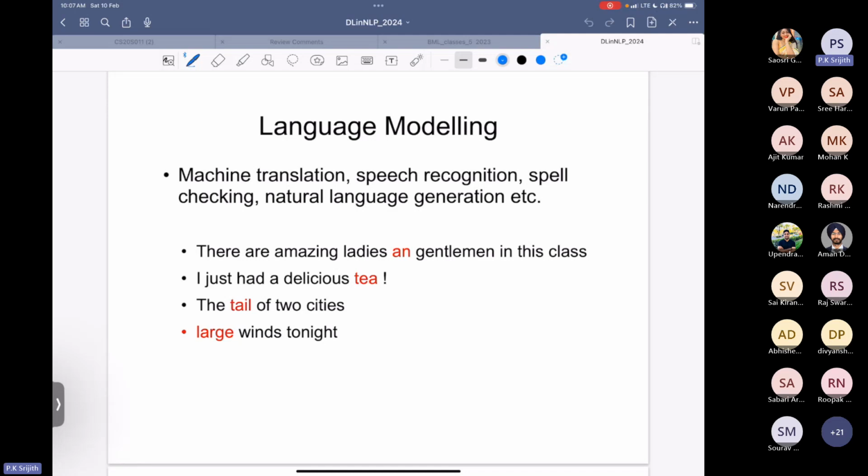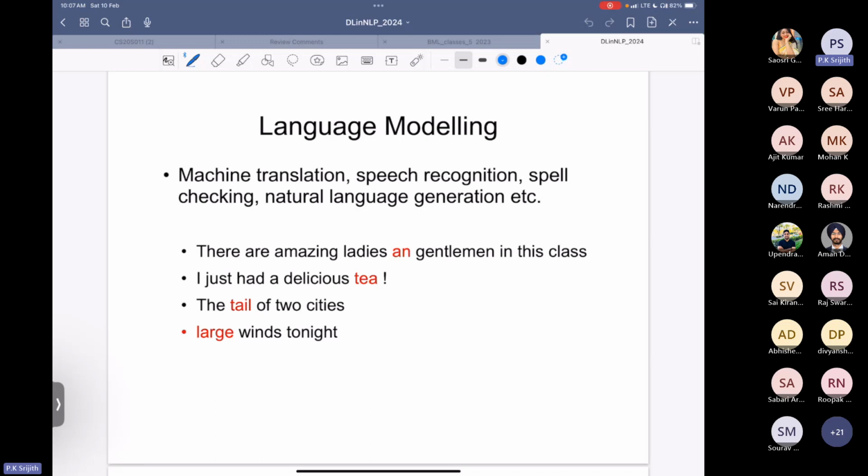That is basically language modeling. And language modeling is important for several tasks in NLP, not only for simply generating language, but also in tasks such as machine translation, speech recognition or spell checking.